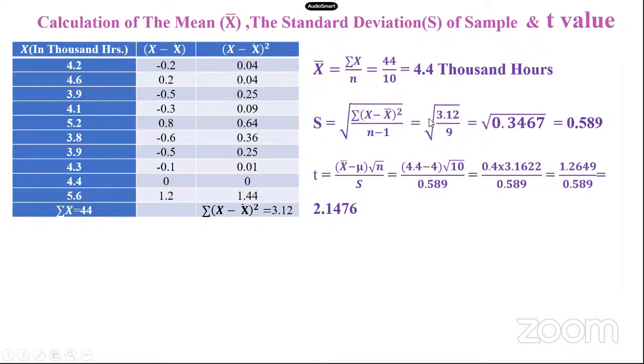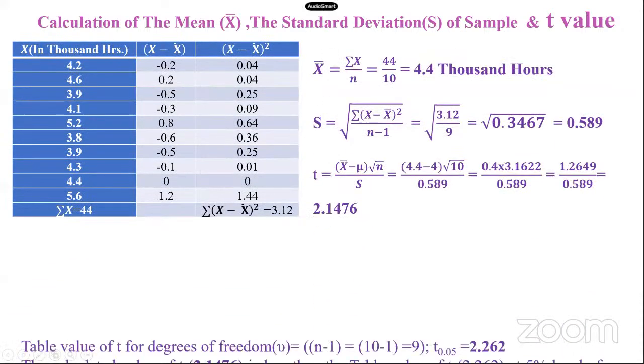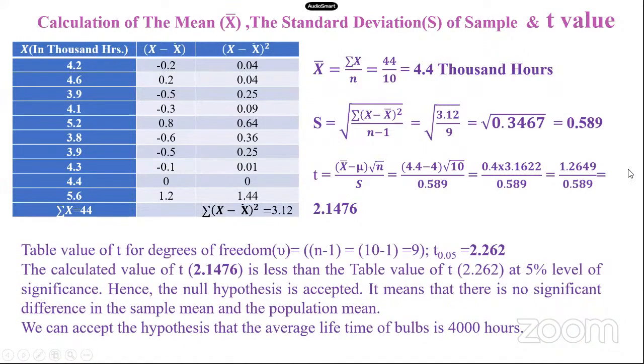So 3.12 divided by 9, you will get 0.3467. Now take the square root of this, which is 0.589. This is the standard deviation.